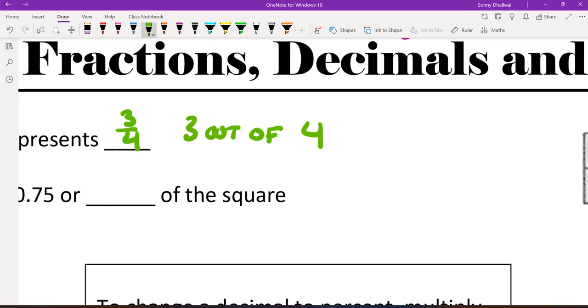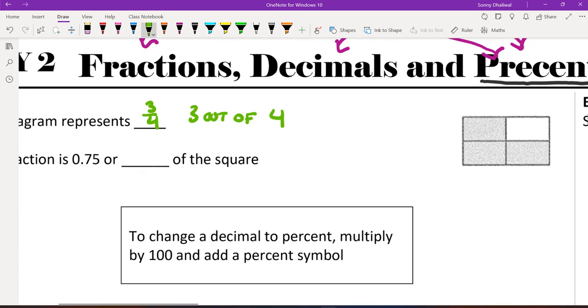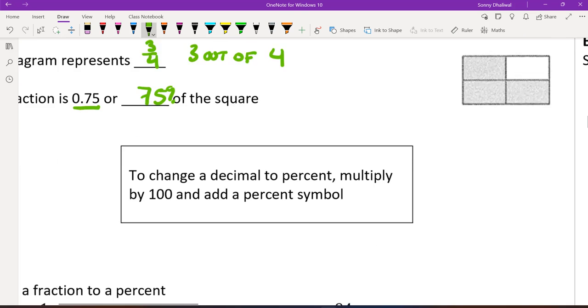Also, it is 75%. Do you guys know that? 3/4 is 75%. 0.75 or 75%. So how do we go between all these numbers easily? This is an easy diagram because we're out of 4 and we're used to working with quarters. So we're going to look at today how to convert between any set of numbers, back and forth.